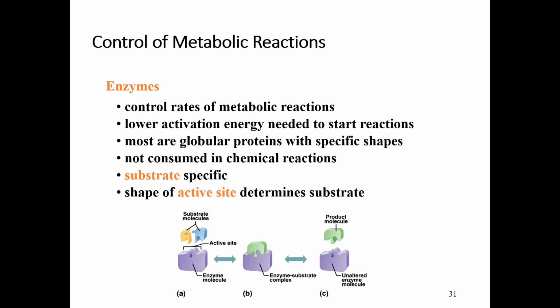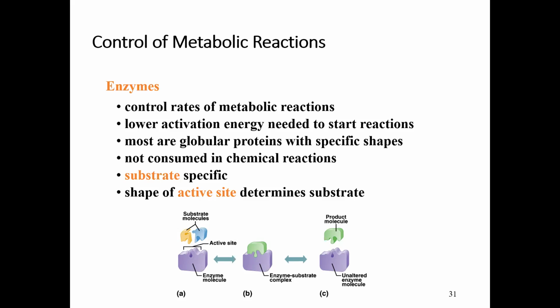You can't control particle size or temperature or concentration, but you can make lots and lots of enzymes to make reactions go really fast. That's how they lower the activation energy. It's nothing special or magical about it. They simply provide a way for the reactants to come together faster.